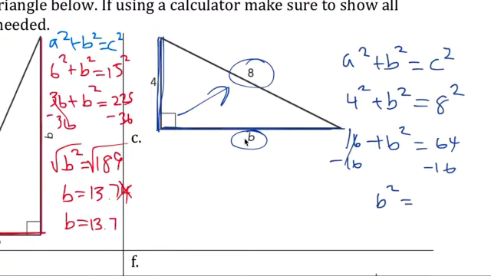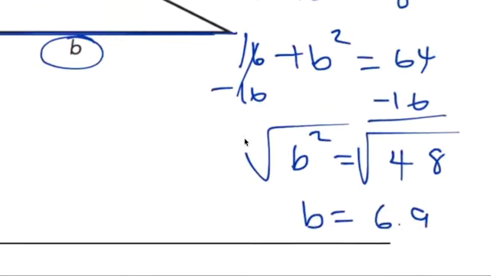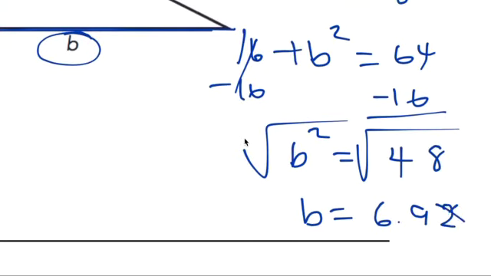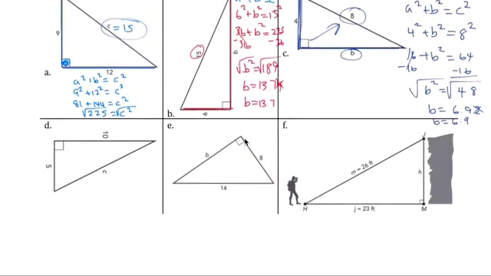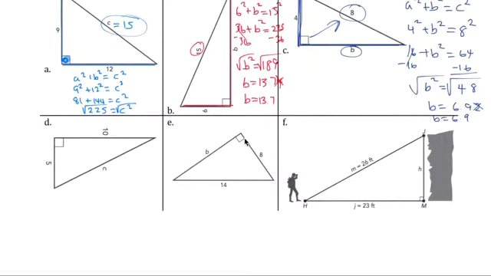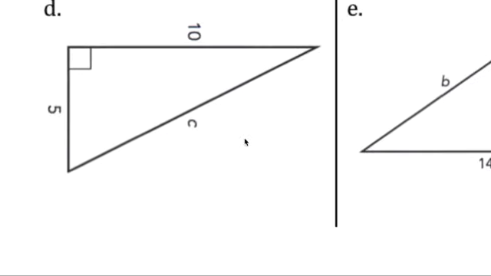B squared equals 48. Take the square root of 48, and the square root of 48 is 6.9. It's very close to 49. You see it's close to 7 and a 2, so it stays. B is 6.9. Okay, so mostly you can probably guess that before you even use a calculator.